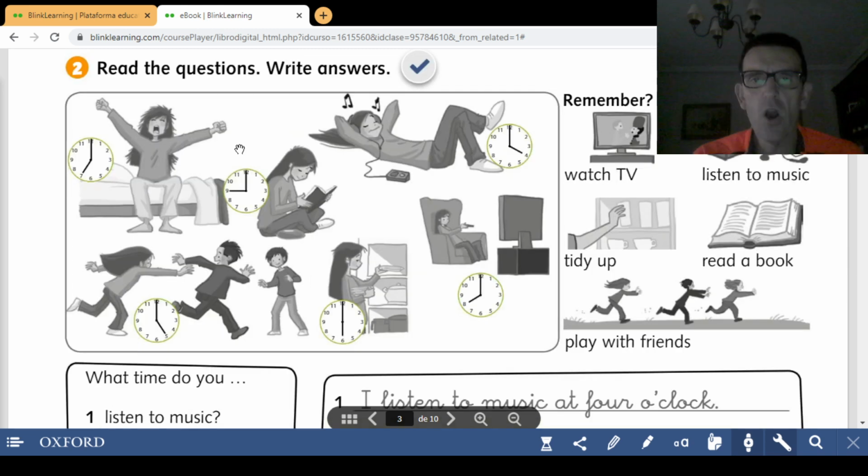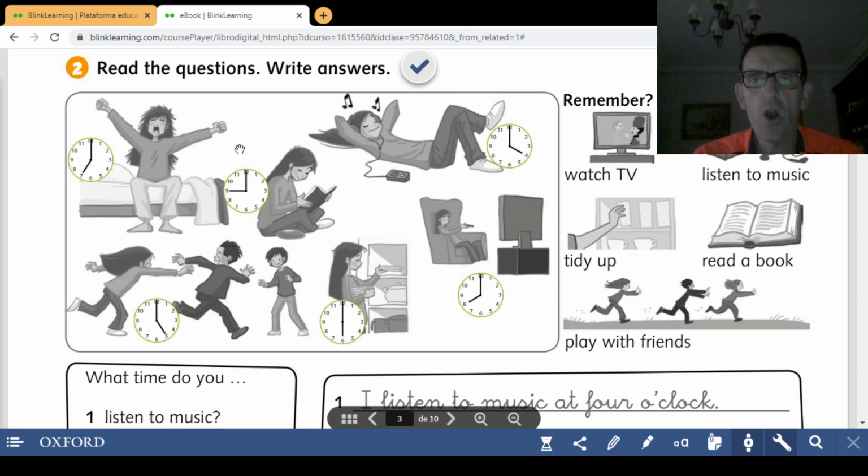In this box, you can see Sophie, and Sophie is doing different things, okay? Is doing different things. Get up, read a book, listen to music, watch TV, tidy up, and play with friends. These words you have here on the right side of the page. Remember, watch TV, listen to music, tidy up, read a book, and play with friends.